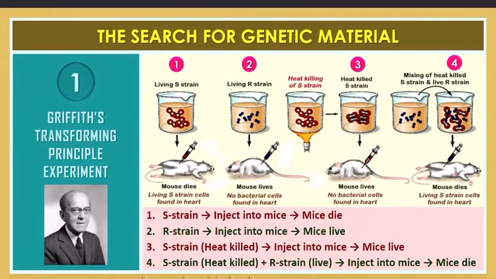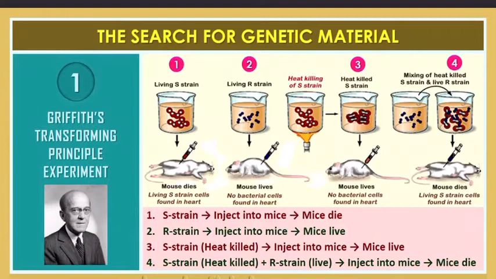Next, step number 2, he has taken R strain, injected into the mice, and the mice is alive. That means S strain is virulent, R strain is non-virulent. Means S strain causes pneumonia, so rat died. R strain doesn't cause pneumonia, rat is alive.